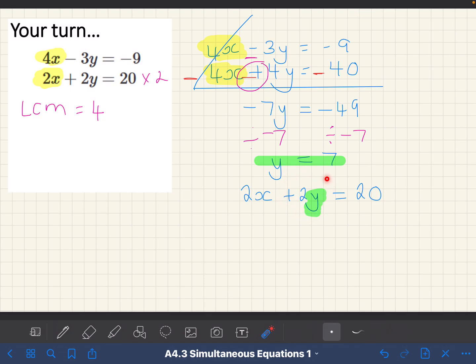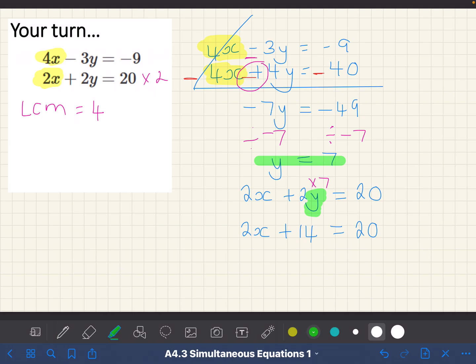So this plus 2y now means I've got 2 multiplied by 7 there. So, don't know what 2x is, so I'm going to write it down again. Plus 2 times by 7 gives me plus 14, and that's equal to 20.